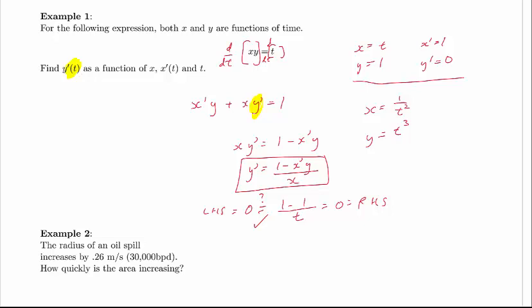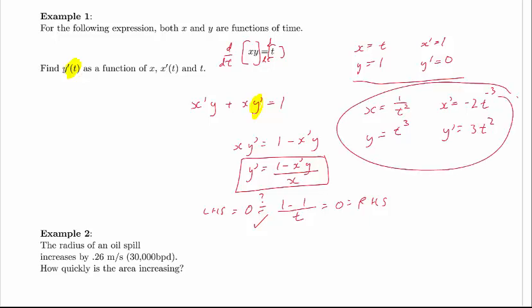And then you simply find x prime, which is negative 2t to the negative 3, and then y prime would be 3t squared. And so you plug these guys into this expression, and you will get that the left-hand side equals the right-hand side.